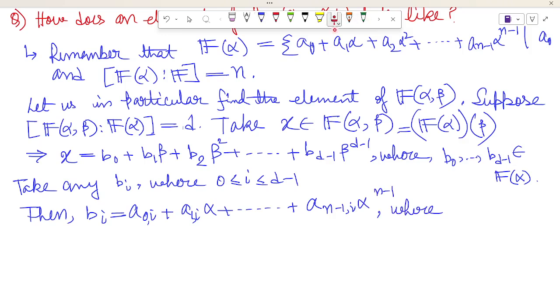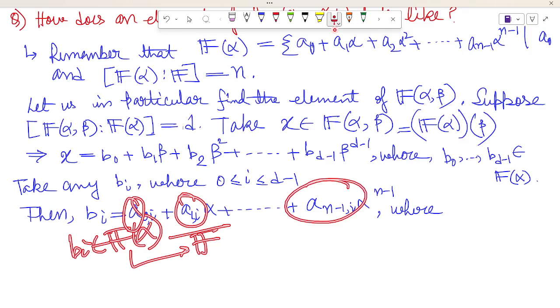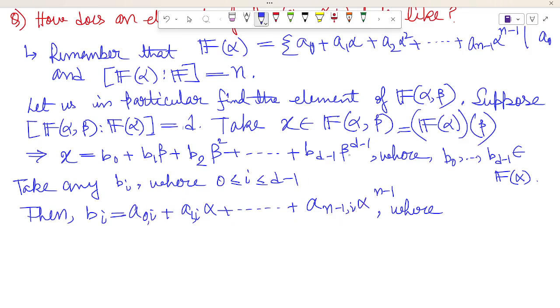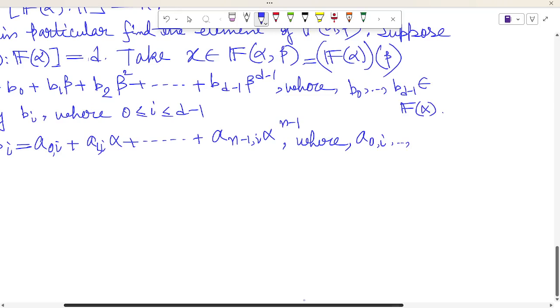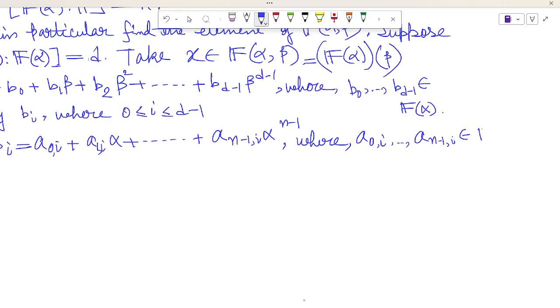On which field am I taking this? bi belongs to F(alpha), and F(alpha) over F we are taking, so the coefficients must come from F. Where a0,i up to a n minus 1,i belong to F.